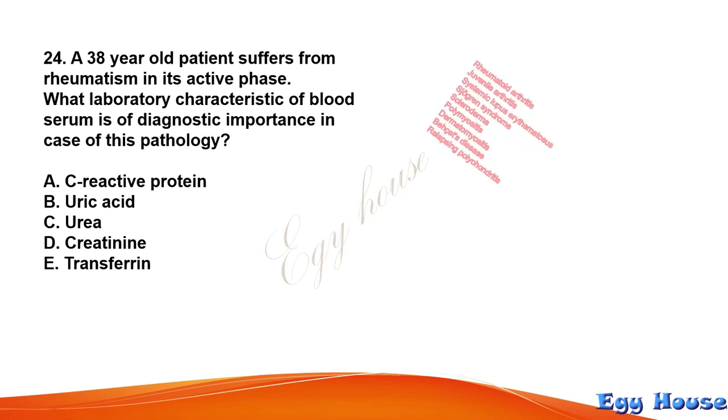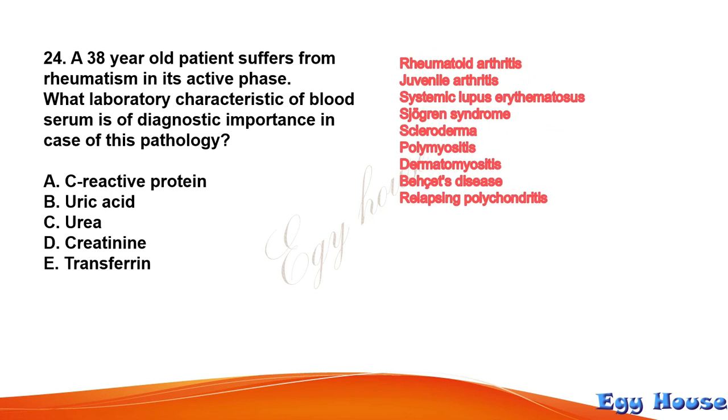The next question is that the patient suffers from rheumatism in its active phase. So the C-reactive protein here is the marker of diagnosis, and it's present in the serum in the active phase of these diseases, because actually it's a marker of inflammation.